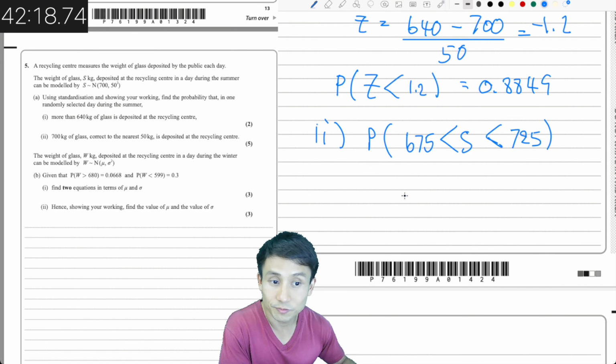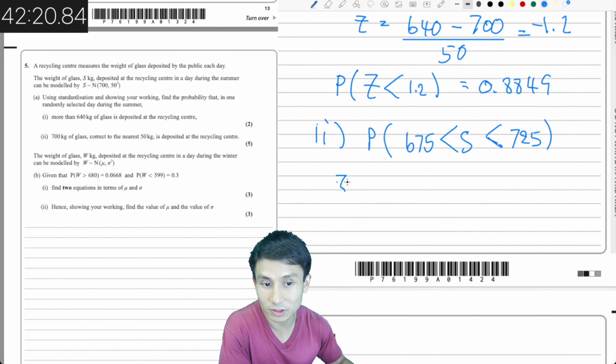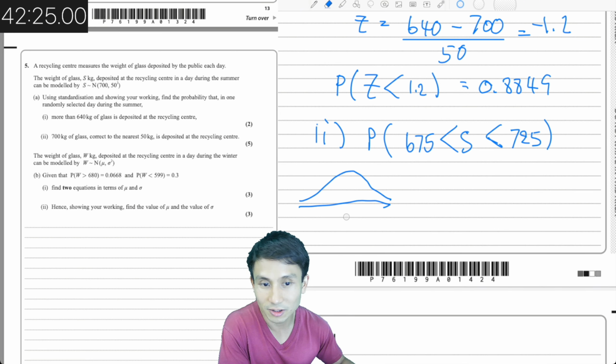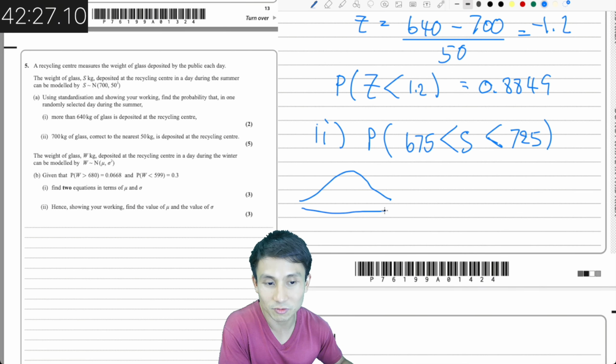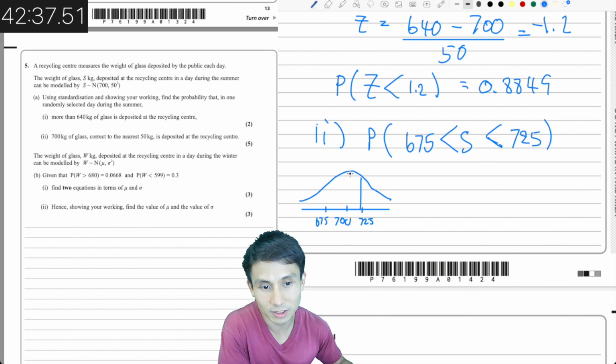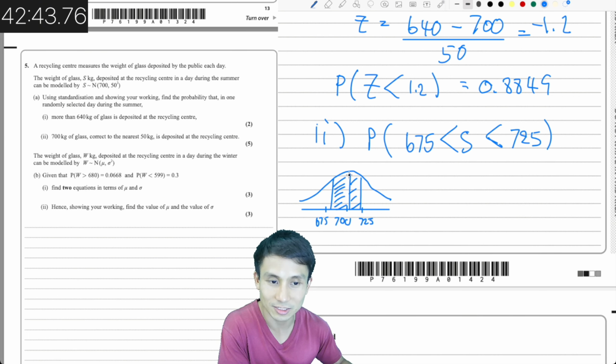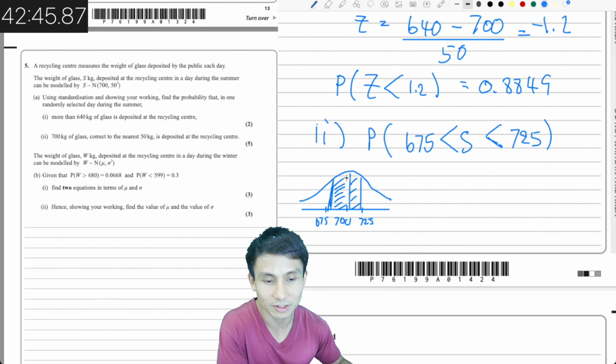So we can just find one of the z values because this is still symmetrical, because 700 is the mean, right? That means if we go by 25 on the right, it's the same as going to the left by 25. So the probability of this is the same as the other one. It's the same value here, right?